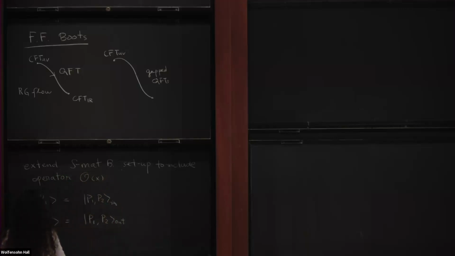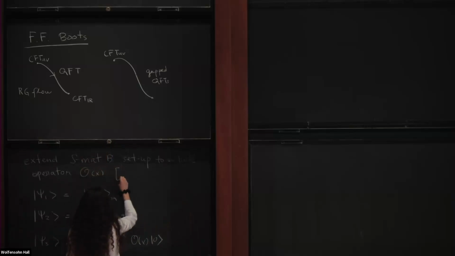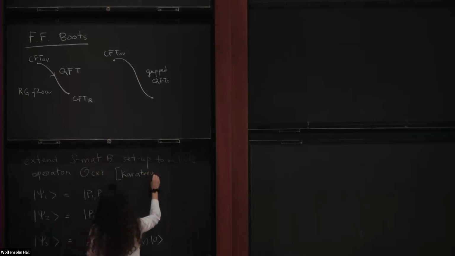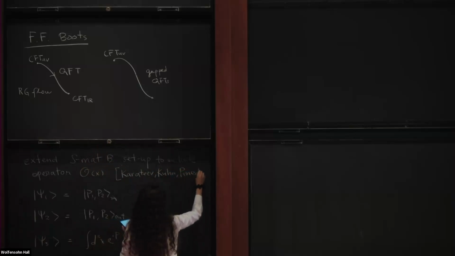And the third one will be given by the Fourier transform of this operator acting on the vacuum. Sorry, I should say this extension was proposed in this paper by Karateev and Penedones in 2019.